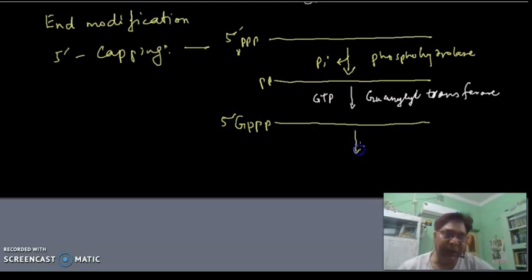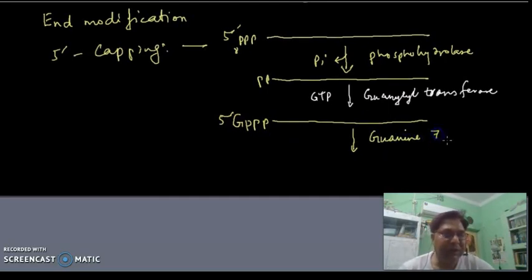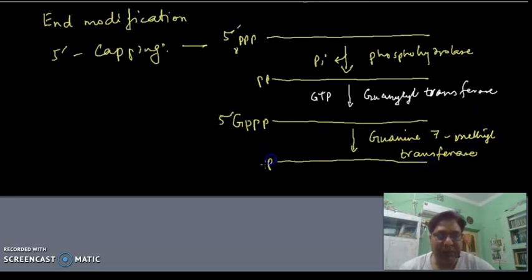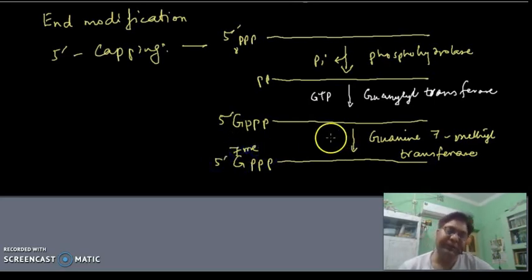And then what happens? A methyl group is added at the 7 position of this guanine with the help of the enzyme called guanine 7-methyl transferase. So now the RNA will have a PPP guanine at the 5' end and of course its 7 position is methylated now. This is what is called 5' capping.